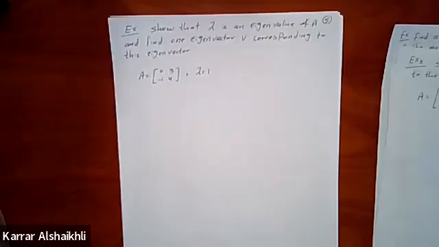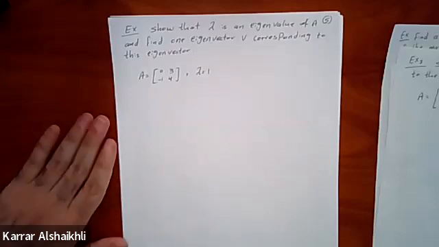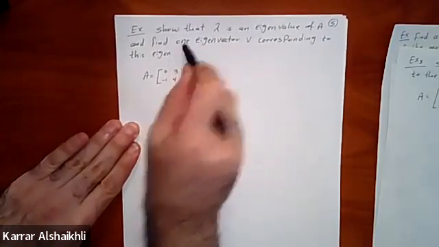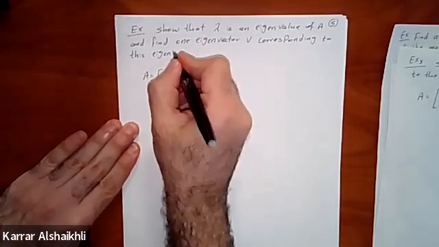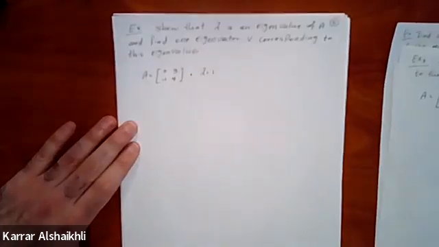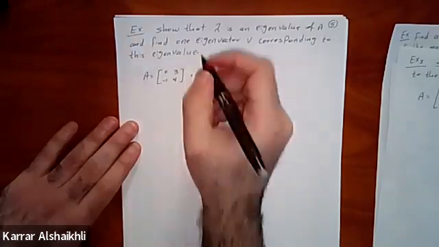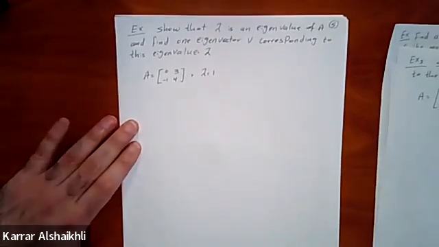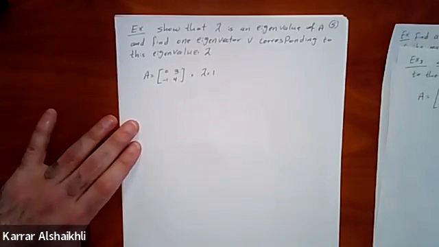Vector corresponding to this eigenvalue. Now we have the matrix A, and we have the eigenvalue.